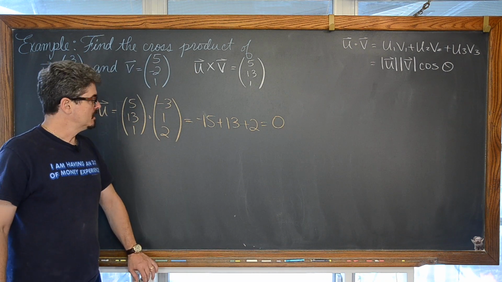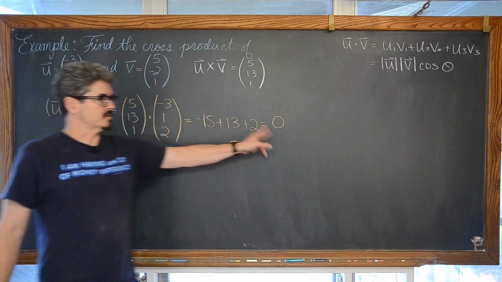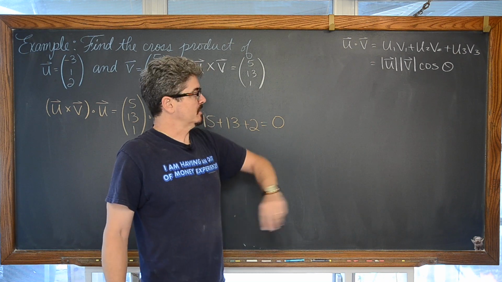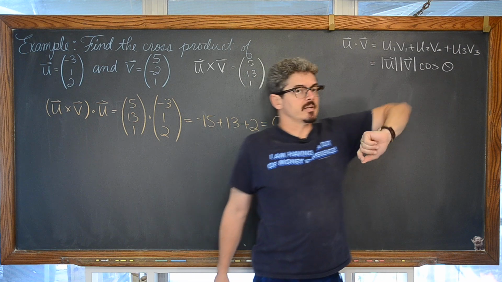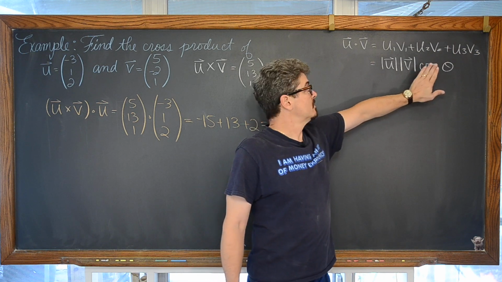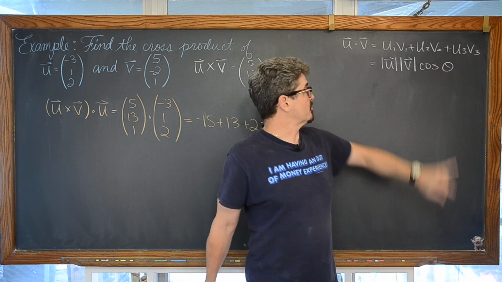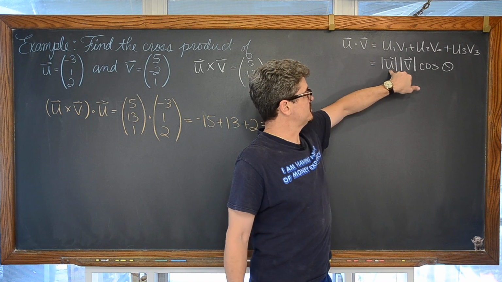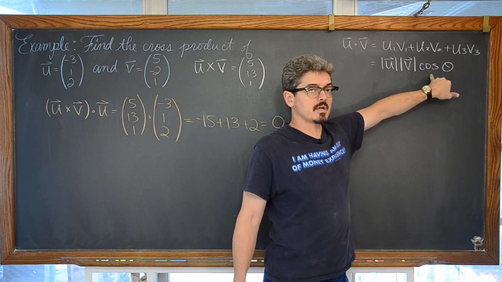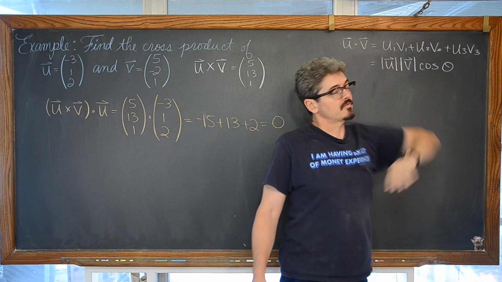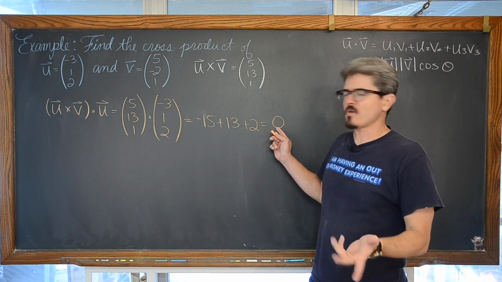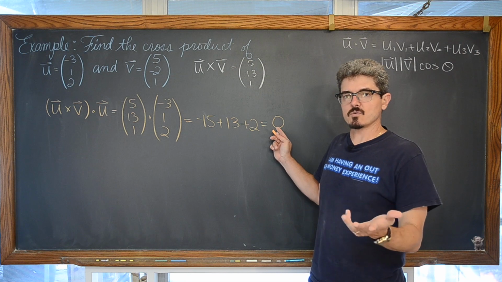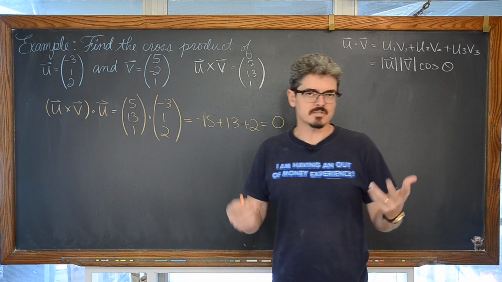What does it mean when your dot product is equal to 0? Hopefully you remember that from your previous assignment. It just seems like a number coming out of the algebraic definition, but if you look at the geometric definition, the only way you're going to get 0 from the magnitude of u times the magnitude of v times the cosine of theta is if the cosine of theta, the cosine of pi over 2 or 90 degrees, is equal to 0. So if your dot product is equal to 0, then your vectors are orthogonal, or perpendicular.